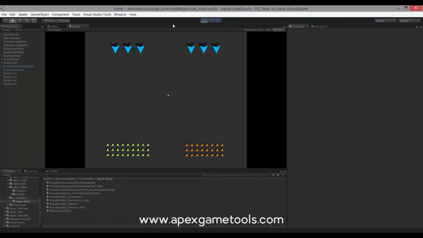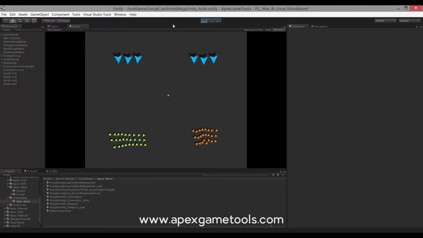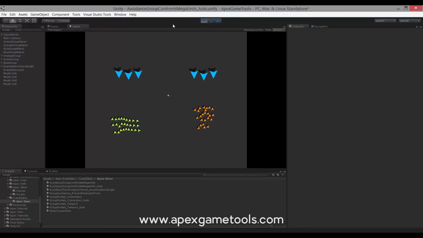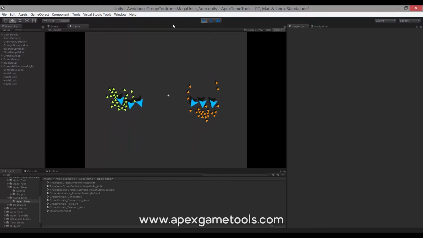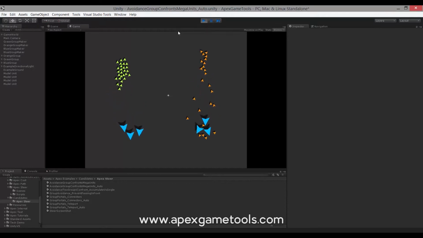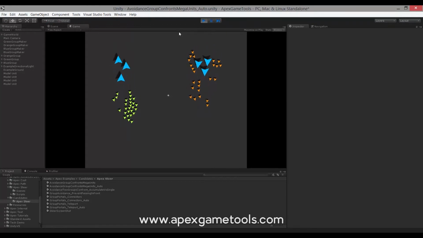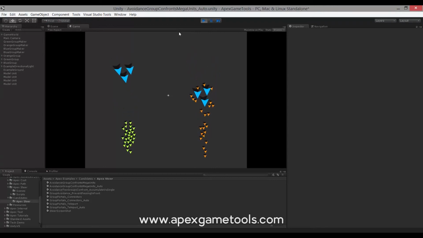So since there is a smaller gap between the bigger units, on the right hand side you will see, since they are accumulating avoid vectors, they will have a harder time actually finding gaps between the bigger units because they see themselves colliding with all three in the future. And on the left hand side, as you can see, they have an easier time to actually find a gap in between the bigger units because they only avoid the nearest unit at any given time.